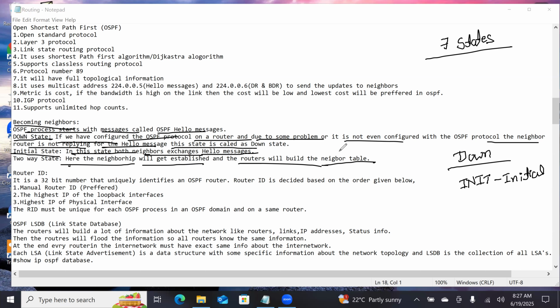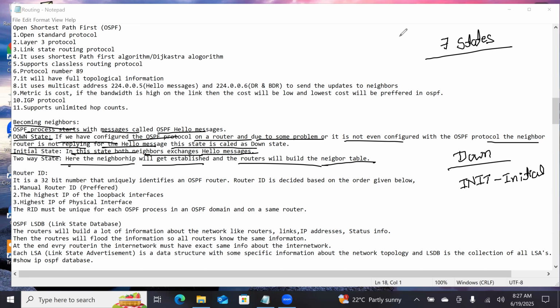After exchanging hello packets and getting introduced to each other, they will exchange their LSAs.